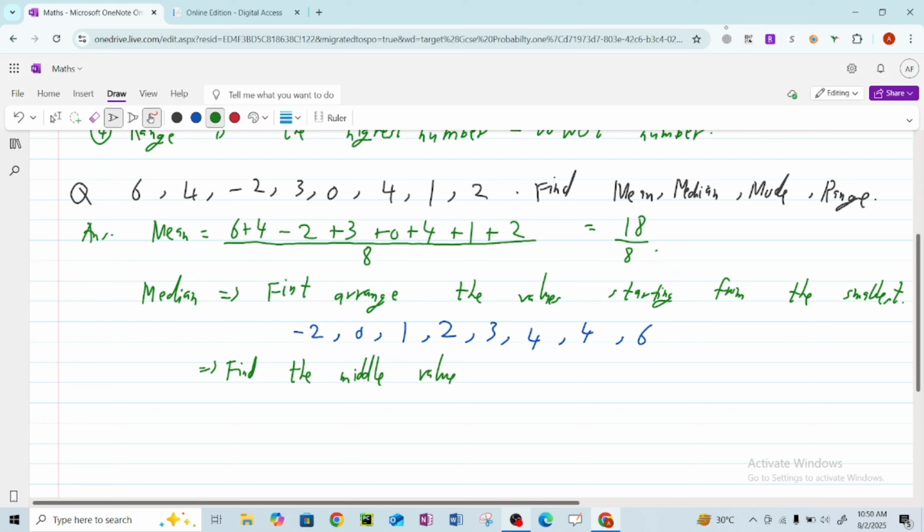Now, in a case where you cannot find the exact middle value, okay, let me write that over here. You can't find the middle value.